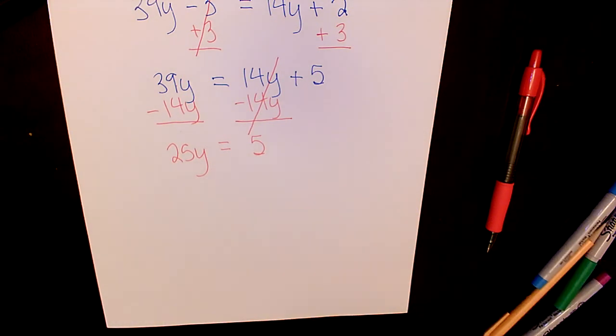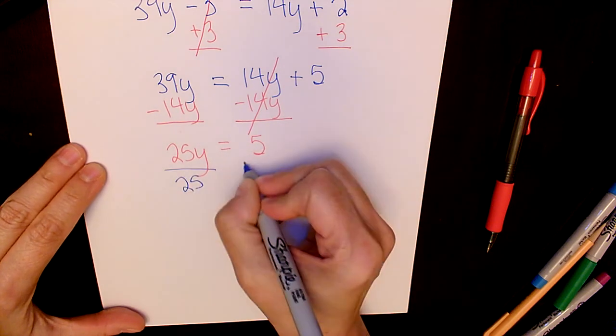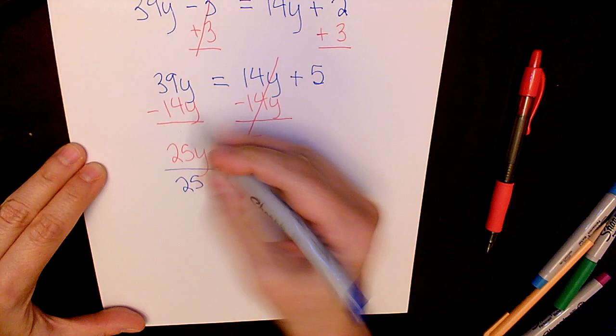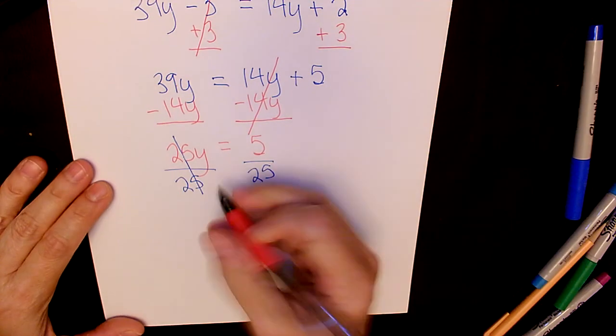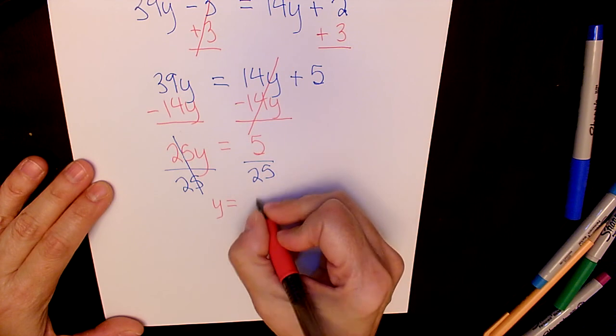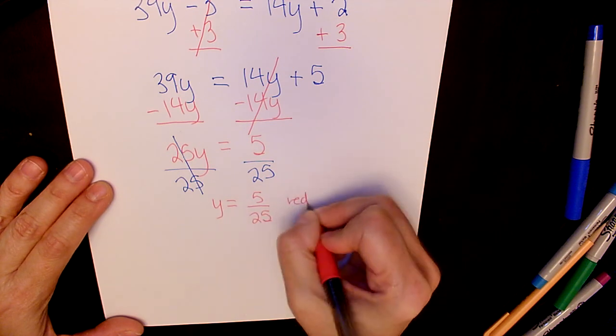So we are going to divide both sides by 25. This is step 4. So the 25's cancel, and y is 5 over 25.